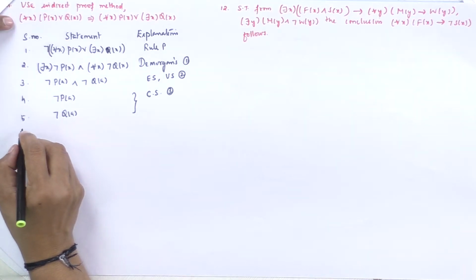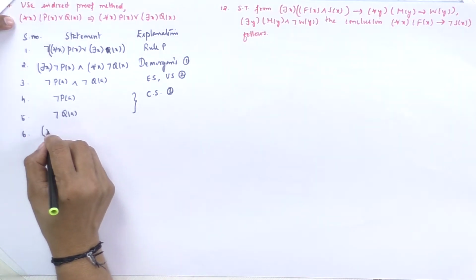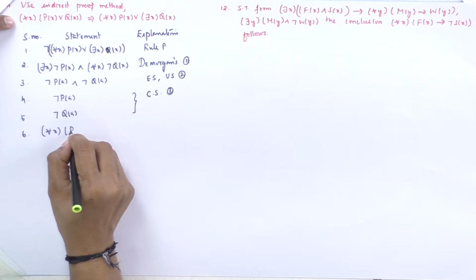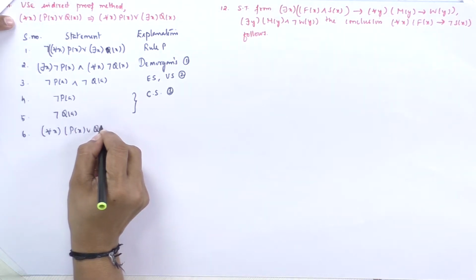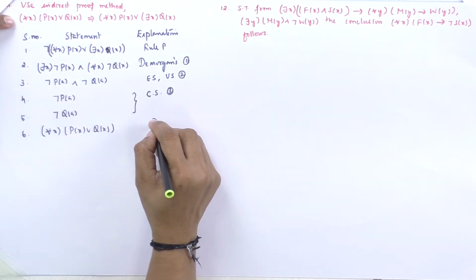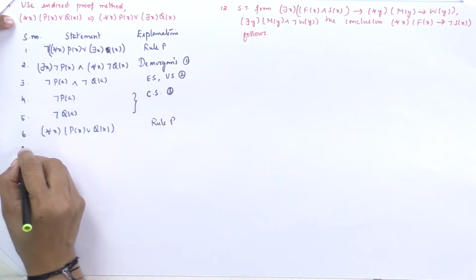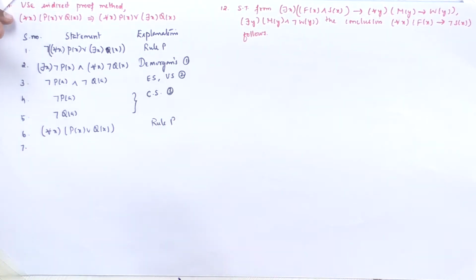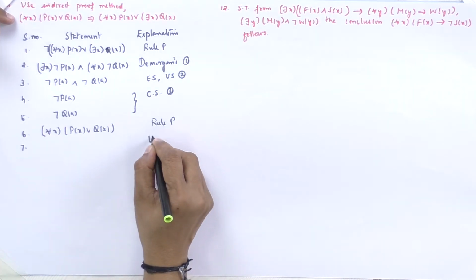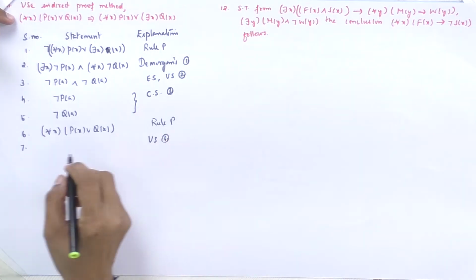Then we are left with this premise, we will take that for all x, P of x or Q of x, right. That is rule P. Now even before I apply any of the laws of implication or equivalence, I will have to remove this, that is universal specification on 6.